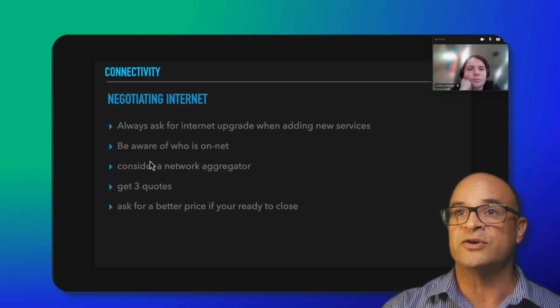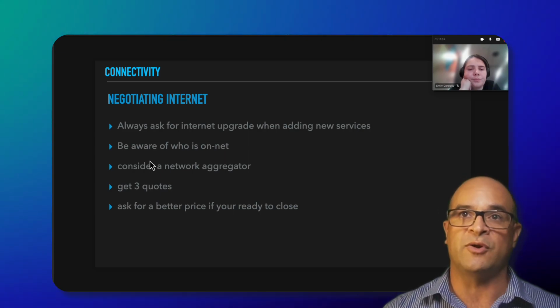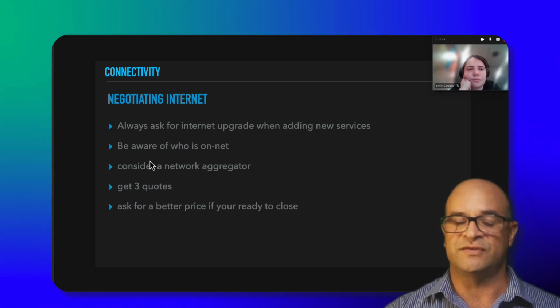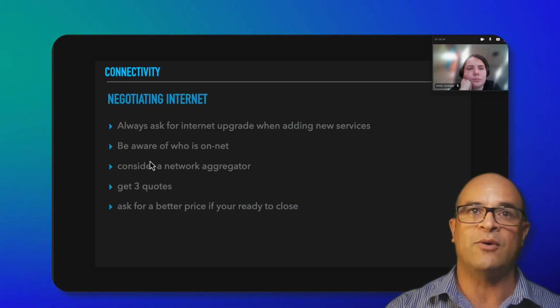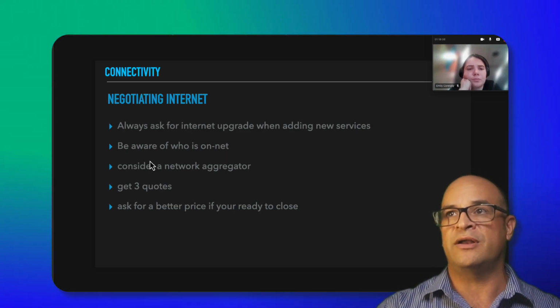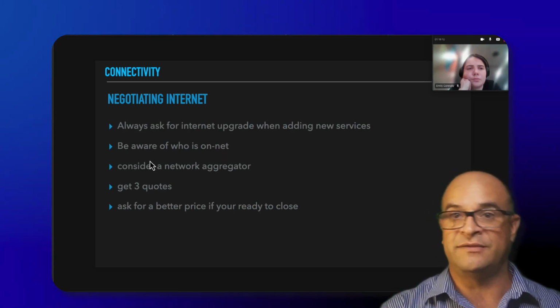But if you are looking to do that yourself, I would say, always ask for the internet upgrade when adding new services. So anytime you add new services to your existing colocation and you're going to order more cabinets or more power, ask about the internet upgrade option. Say, hey, look, if I bought another power circuit, can you give me a better deal on some internet that I might need to add here?